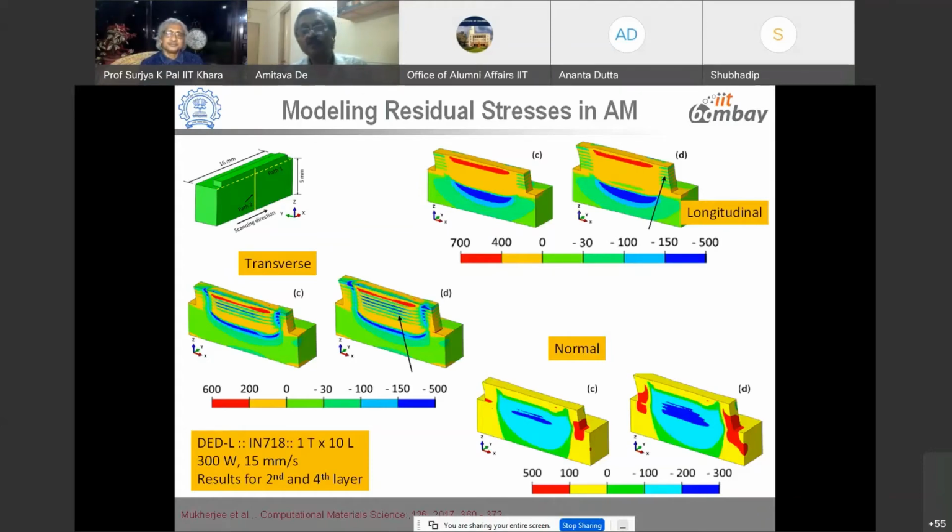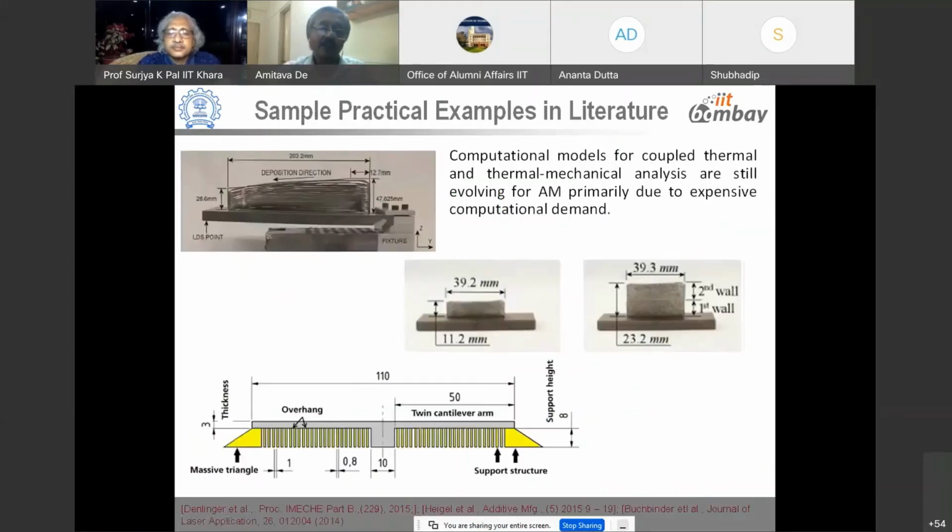This temperature field goes in as an input to a thermomechanical model, and this calculates the stresses and distortion, for example. As you can see, typically in single track, multiple layer walls, we can predict longitudinal residual stress, transverse residual stress, normal residual stress. All these things can be predicted, which is a big benefit because we know the stresses before we actually try to build it, so we get a fair idea of what we are going to expect.